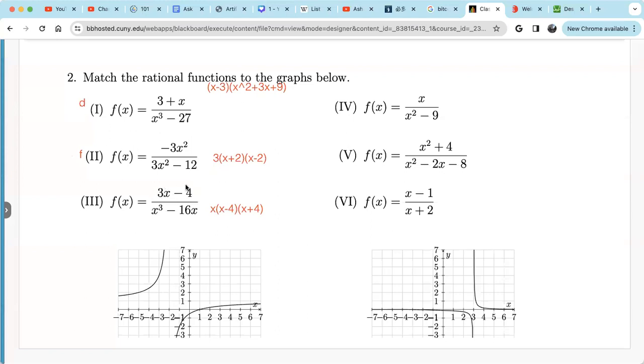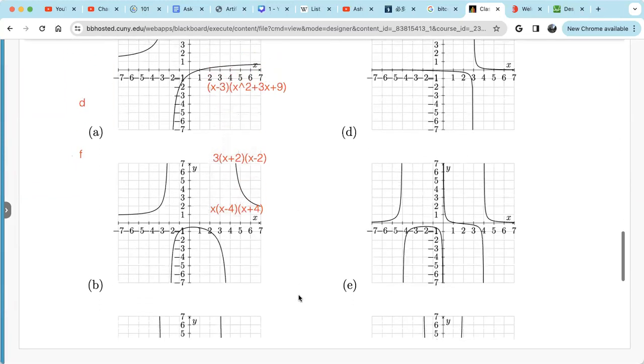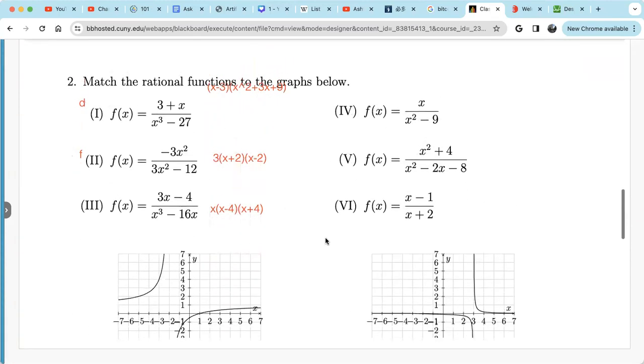Because the numerator doesn't have any common factor with the denominator, nothing can be cancelled. So we have vertical asymptotes at x equals 0, which is the y-axis, and at 4 and -4. Let's look for which graph has 3 vertical asymptotes. Oh, this one, E. You see at -4, at 0, at 4, right? So 3 is E.